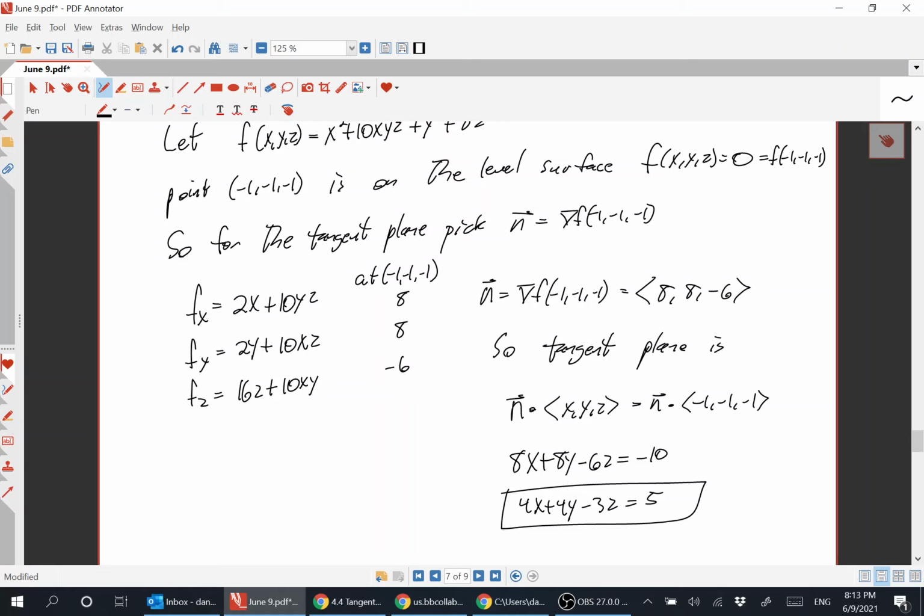So we have these two equations for looking at the tangent plane. There is that very structured equation that we used in section 4.4, that has that special form, like the tangent line.